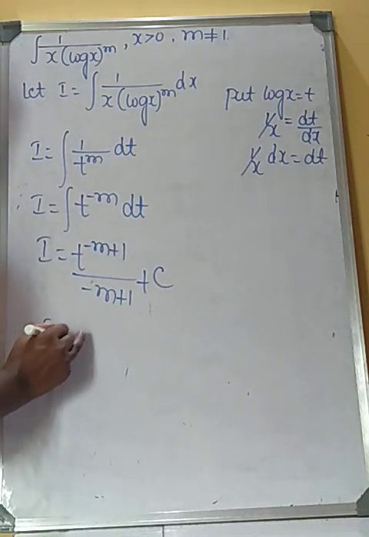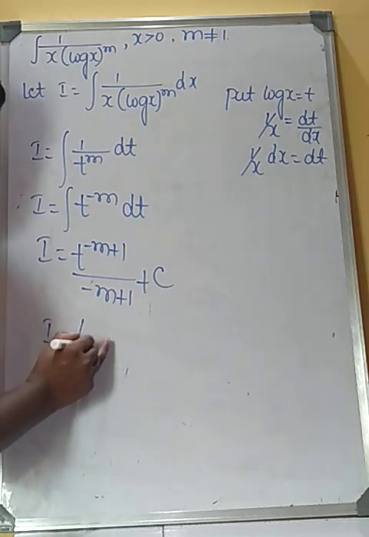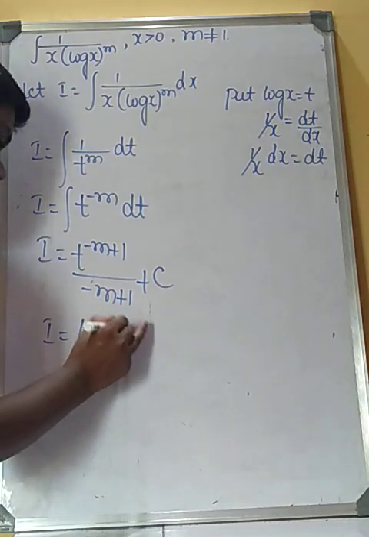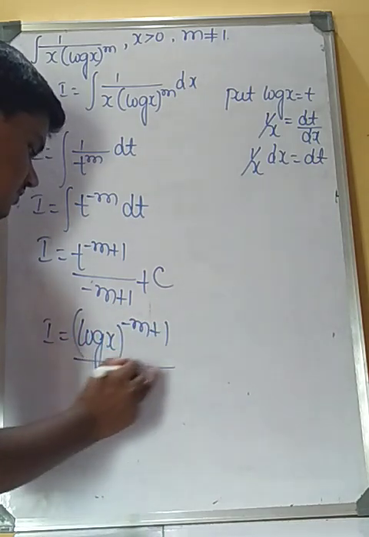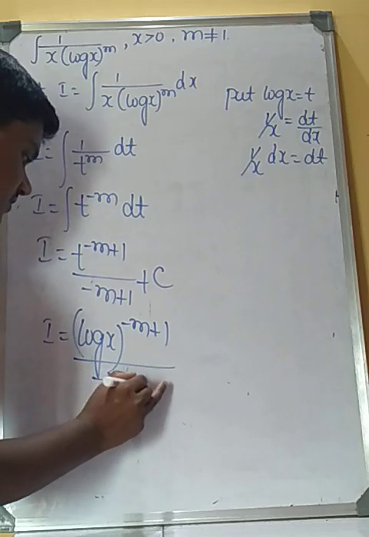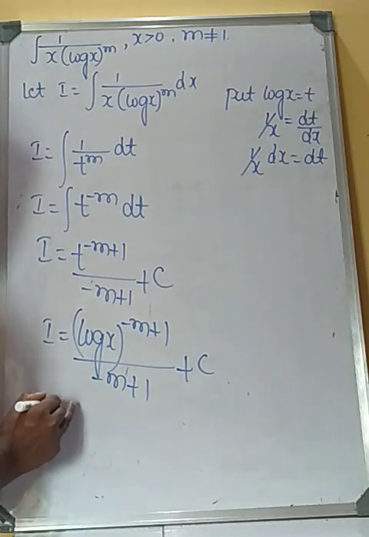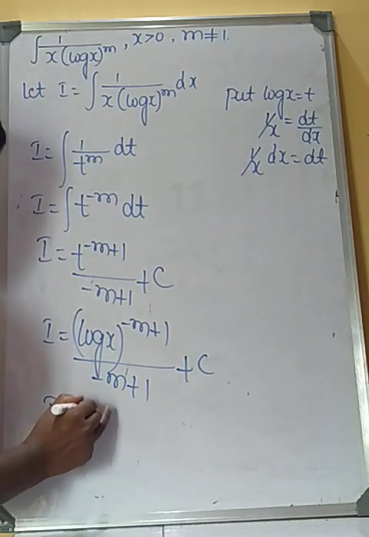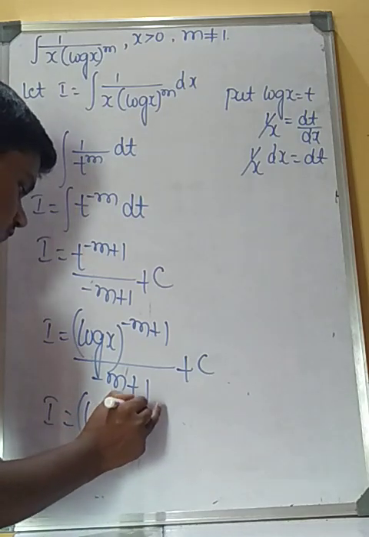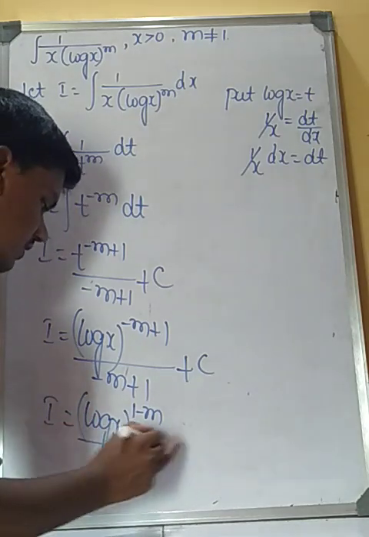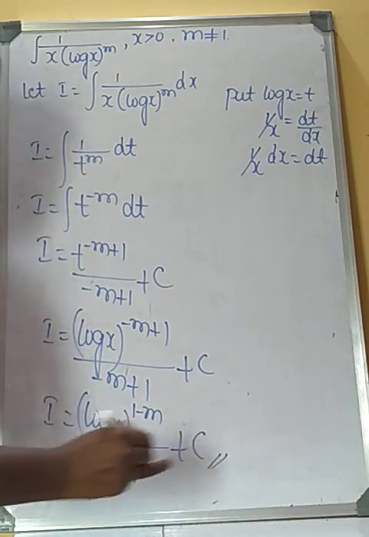Therefore I is equal to (log x) whole power 1 minus m divided by 1 minus m, plus c.